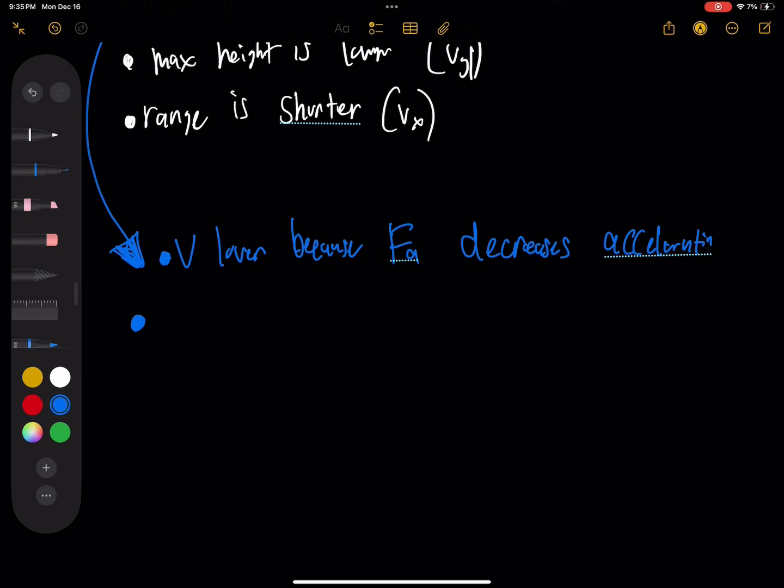Second one is the range, which is lower, like we just said. Oh wait, actually that's not range.